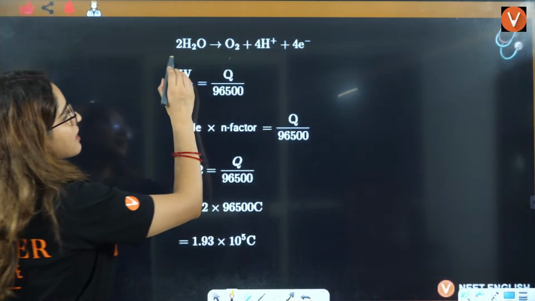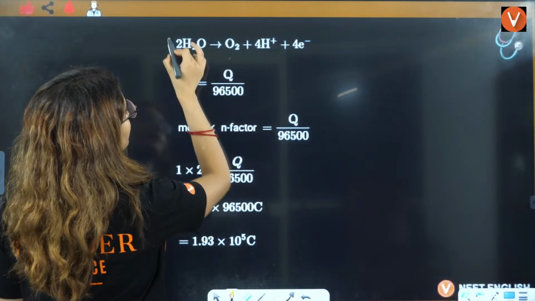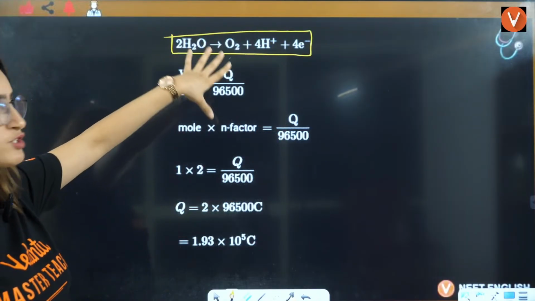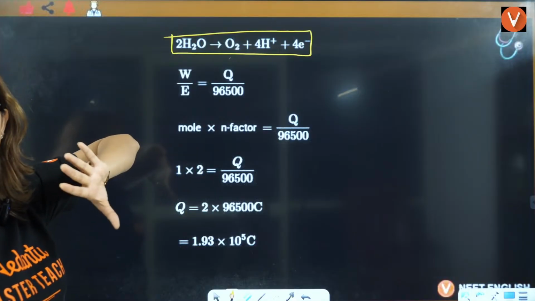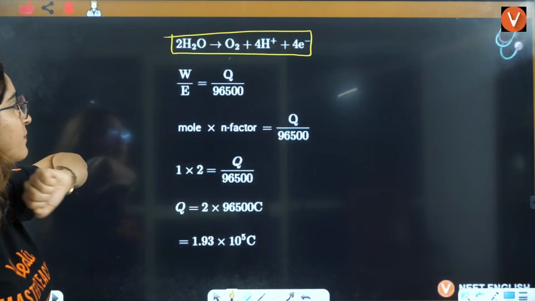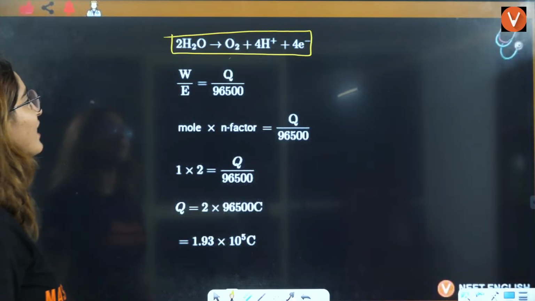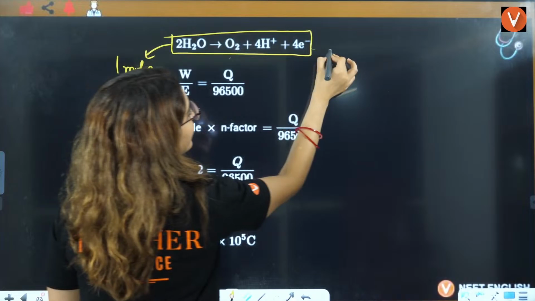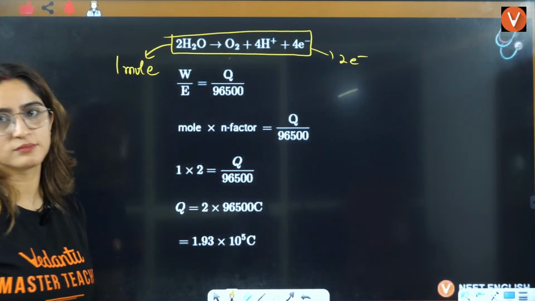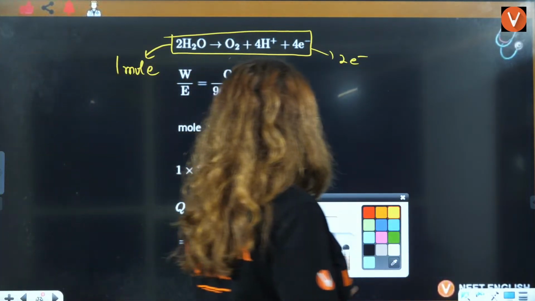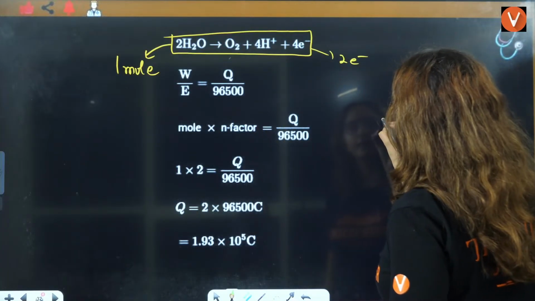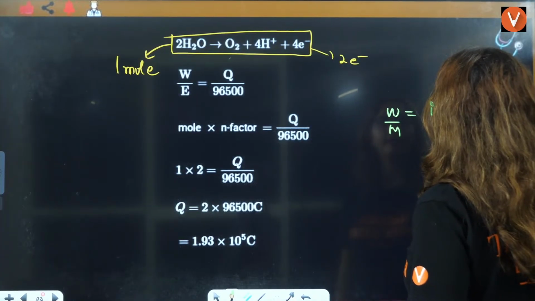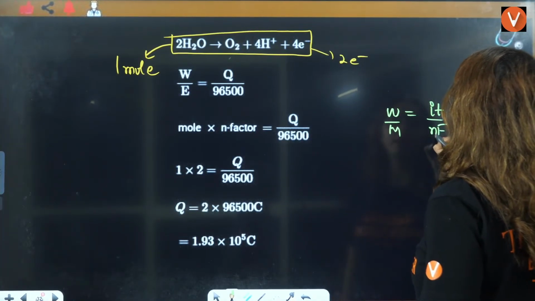So the simple thing is, this is the balanced chemical equation that you have. In this case, for 2 moles of H2O, you have 4 electrons. That is, 4 is the N factor here. So if you are taking 1 mole, then 2 electrons will be lost. Do you remember this equation: weight by molar mass is equal to IT by N factor into Faraday?